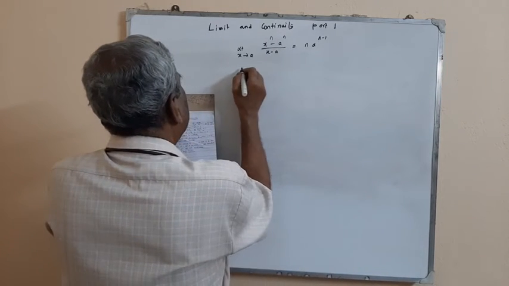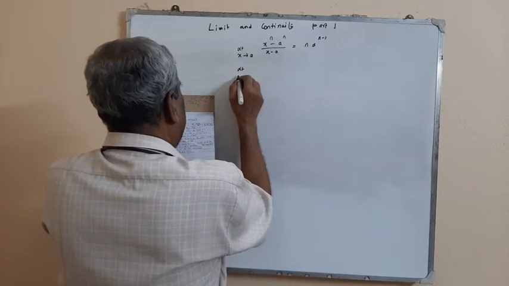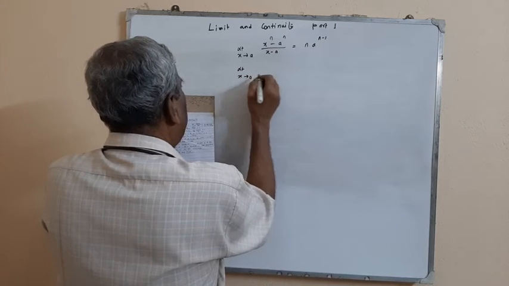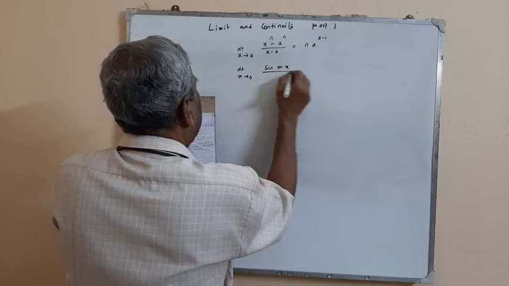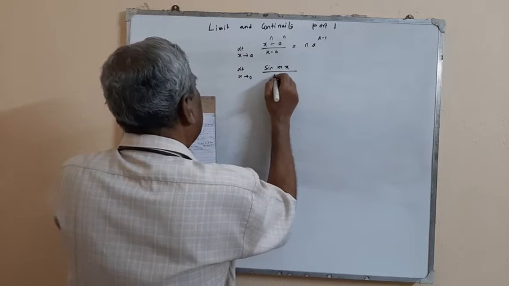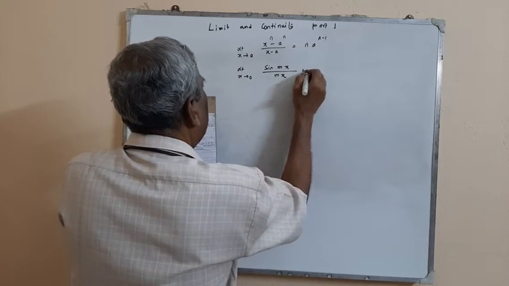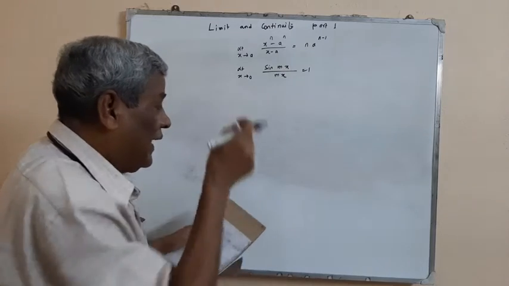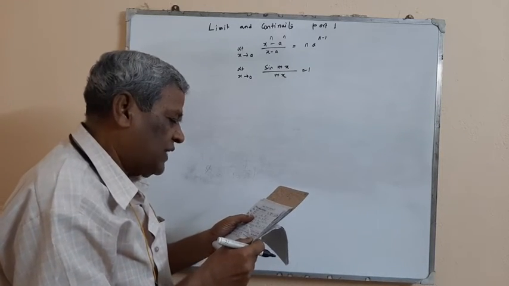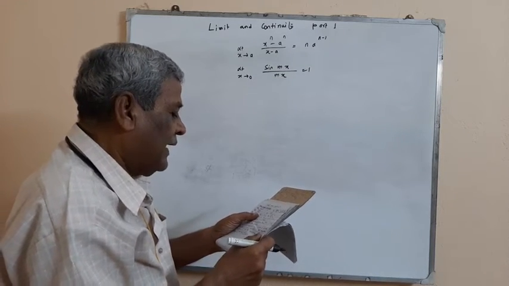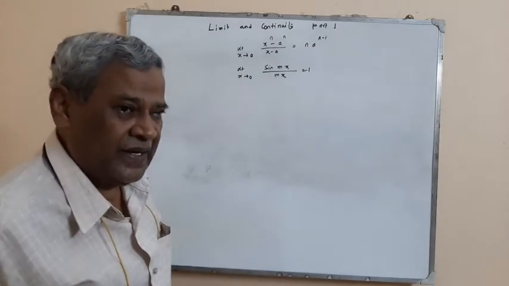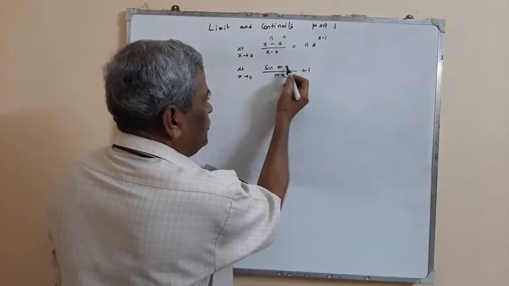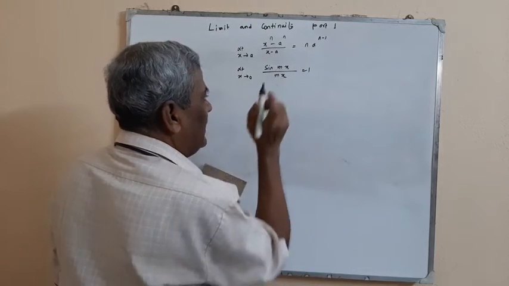Next, limit x tends to 0 sine mx by mx, it is equal to 1. Here m is any real constant and x is expressed in terms of radian, not in degree. X in terms of radian and m is any real number.